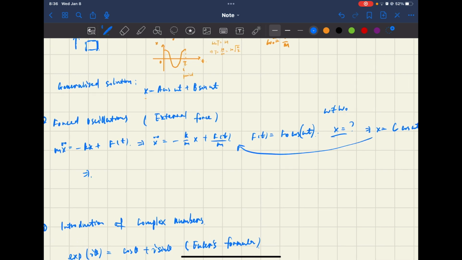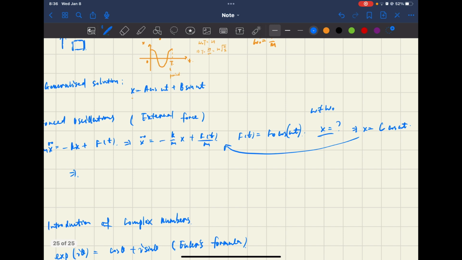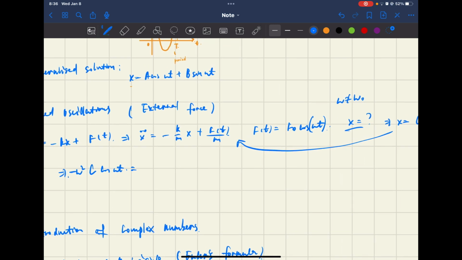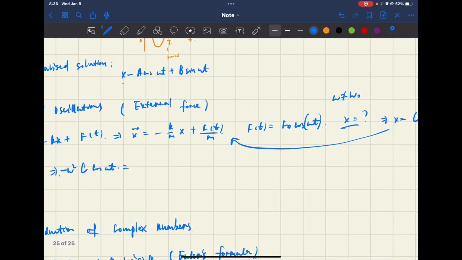For the second derivative, we get minus omega squared c cosine omega t, which is equal to minus k over m times c cosine omega t plus F0 cosine omega t over m.